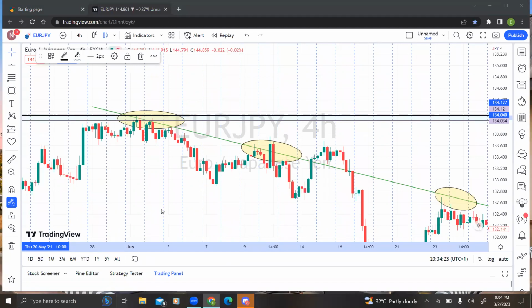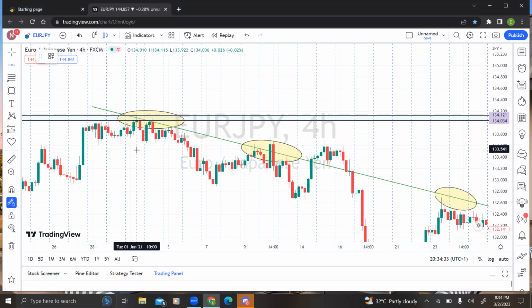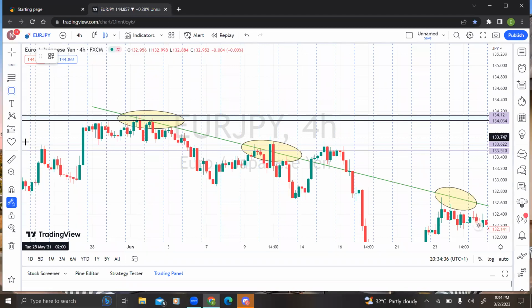Do you see how this makes sense? I could also go ahead and say this is also a resistance area here because price moved up to this area and came down. I could put up a line here like this, put up a box.